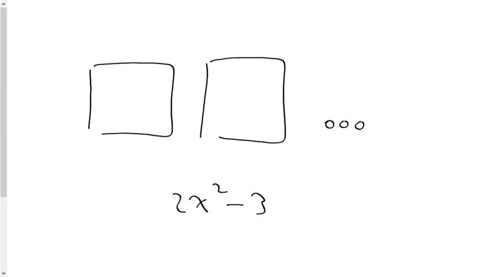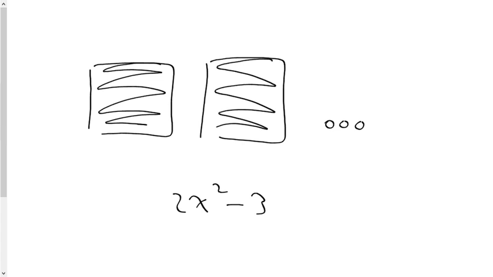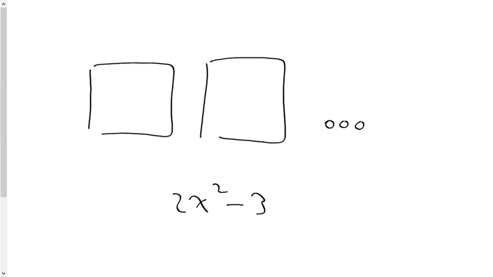What's wrong with Brian's answer? Yeah. Right. If this was shaded in, Brian's answer would be correct. But because they're not shaded in, they are negative, and therefore the coefficient must be negative 2x squared. Good.